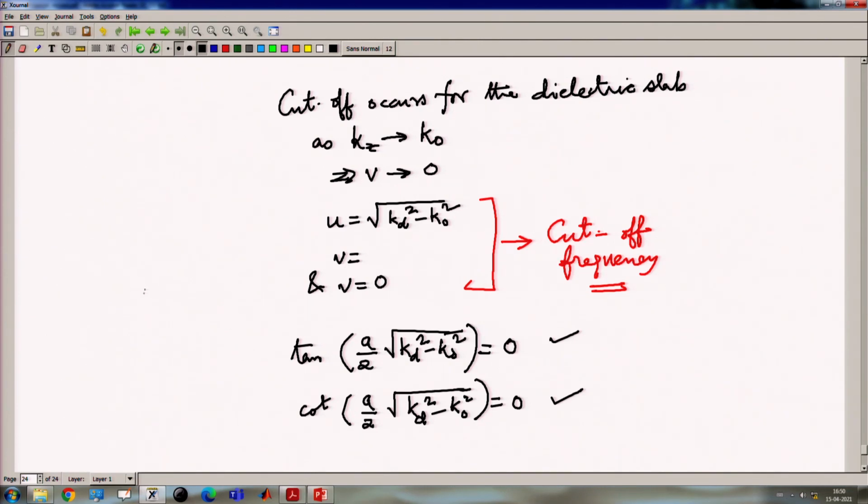And the same equation holds good for the TE modes, because the characteristic equations are the same, only change is replacing epsilon by mu.